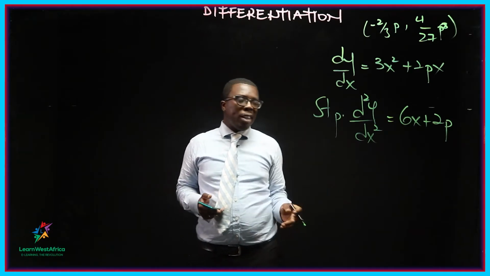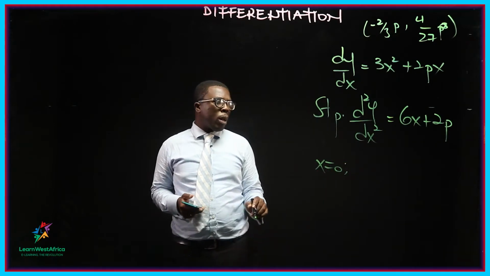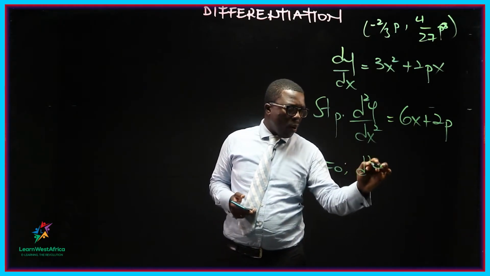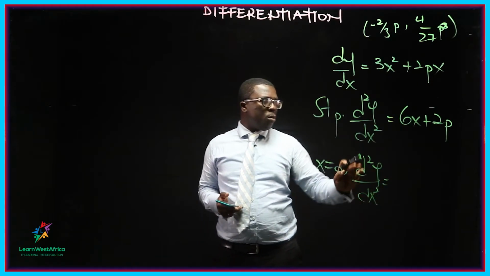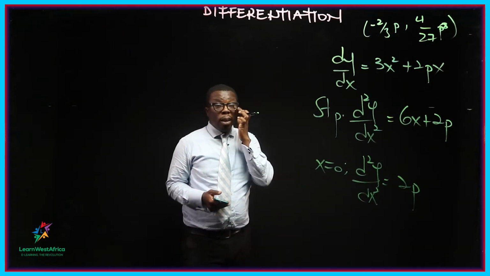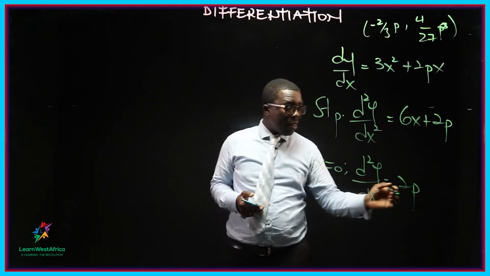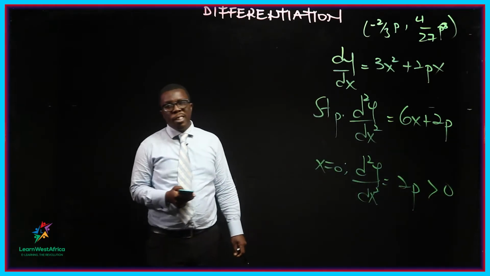Okay, so now let's look at the case where x is equal to 0. At x equal to 0, what happens? Our d squared y over dx squared is going to give you 2p. Do you see that? If 2p is greater than 0, what's the conclusion?